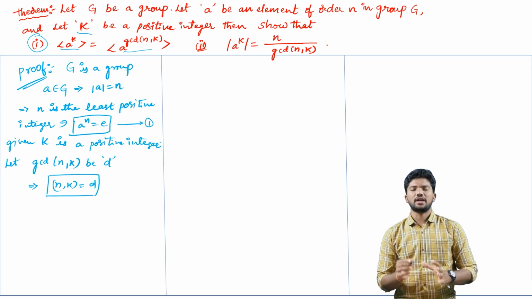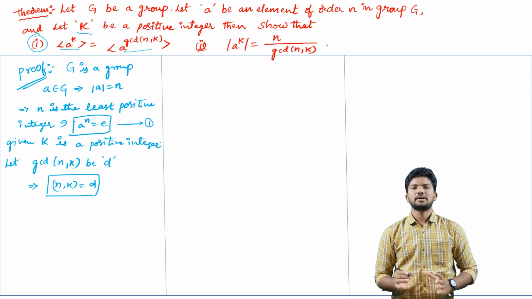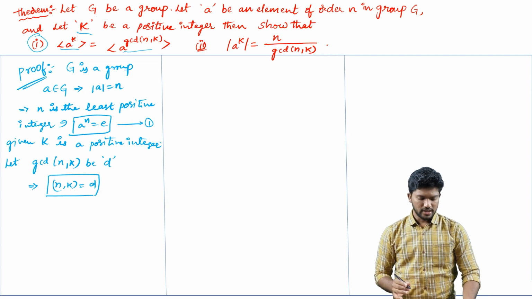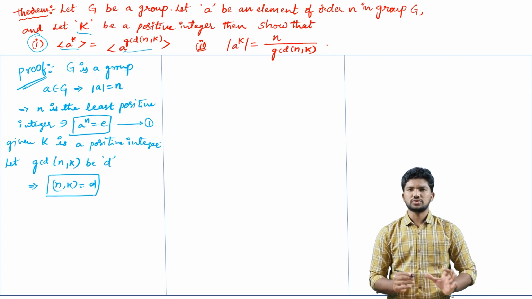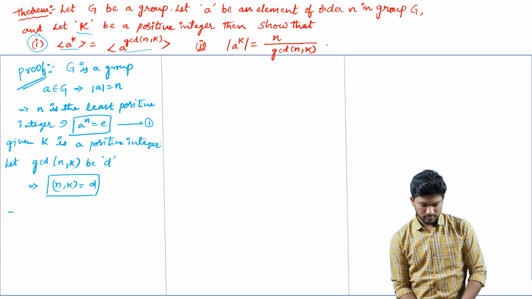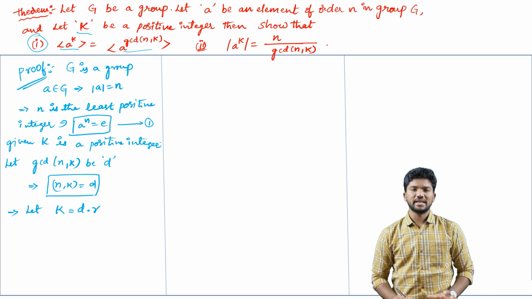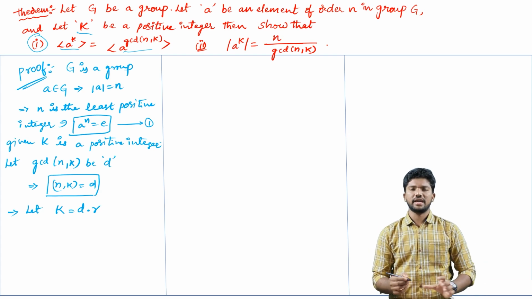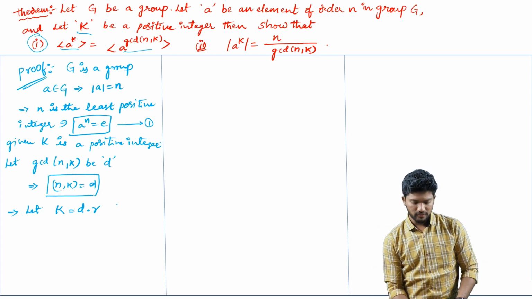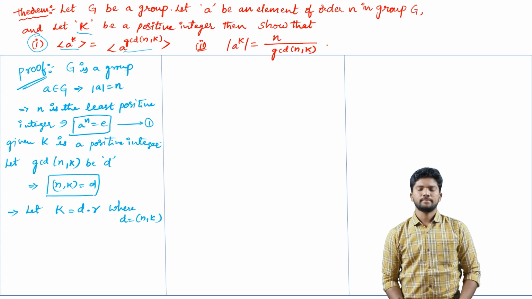Here n is the order of an element, k is the positive integer, and d is the GCD of these two numbers. Now let that positive integer k be the multiplication of the GCD and r. k is equal to d into r, where d is equal to GCD of n comma k.